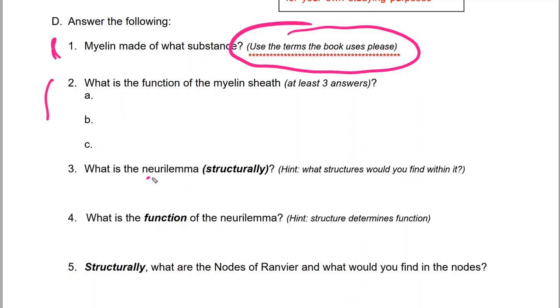What is the neurolemma? It's the plasma membrane, so what structures would you find within it? What do you find in the plasma membrane of other cells? What is the function of the neurolemma? What does a plasma membrane do for other cells? And then again, what is a node of Ranvier?